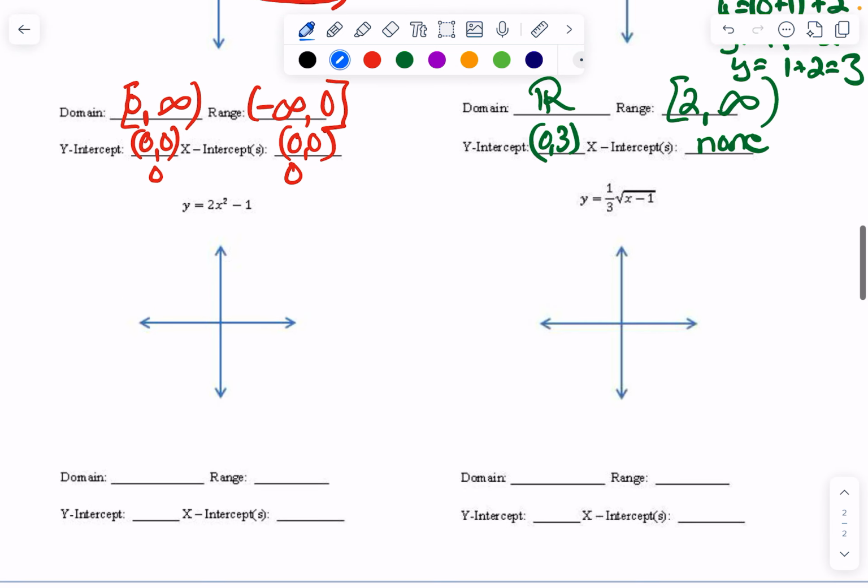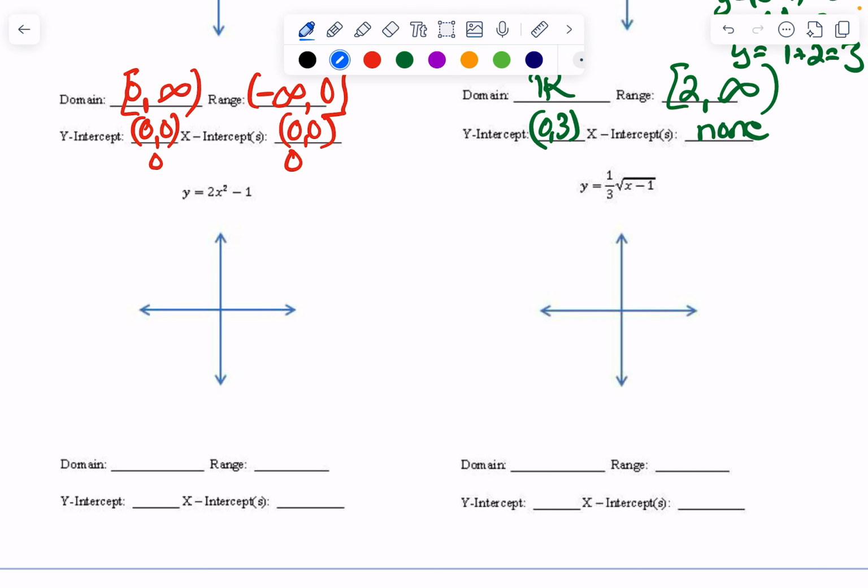Okay, next one is a quadratic function. So y equals 2x squared minus 1. We're going to do the parent function first, which looks something like this. And then we're going to go ahead and graph the transformation.